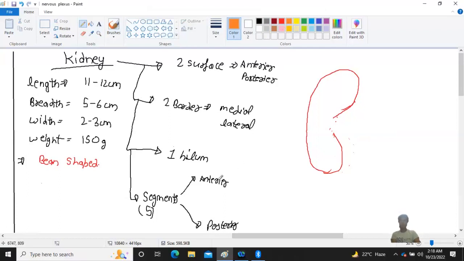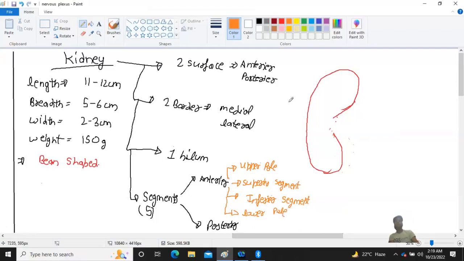In the anterior we have the upper pole, superior segment, inferior segment, and lower pole, and the one is the posterior segment.